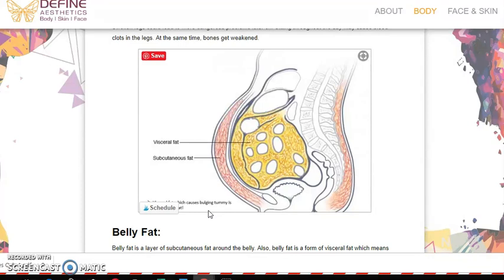The fat does not just sit there; it acts like an organ which secretes many hormones and chemicals. And these hormones and chemicals can have an effect on every organ of the human body, and they cause cardiovascular diseases, diabetes, and cancers.